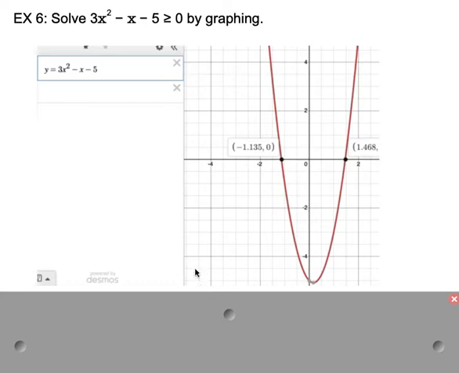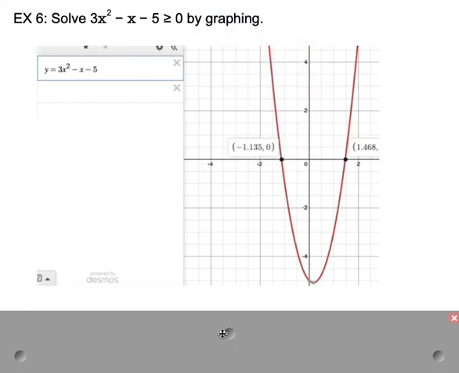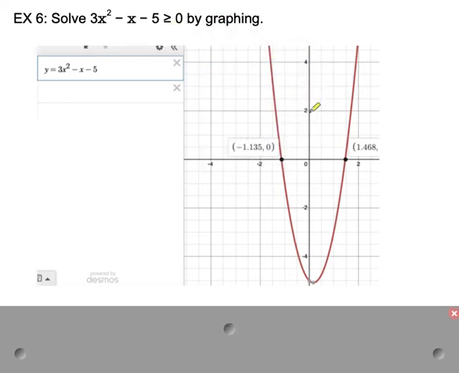Now, all I have to do is figure out which side of the graph to shade. So we pick a point, just like we would normally do. 0, 0. Inside is 3 times 0 squared minus 0 minus 5 greater than or equal to 0.